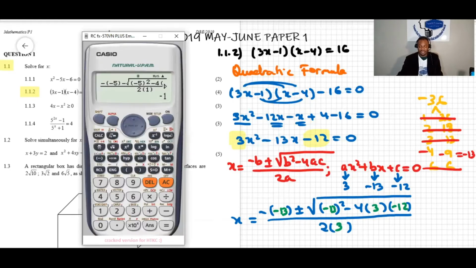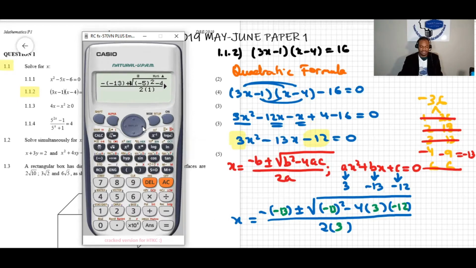Now, I want to use my calculator to enter the values. So I'm going to enter these values exactly as they are there, minus b. b is negative 13, so negative of negative 13. Because I cannot write plus and minus together, I can do the two separately.